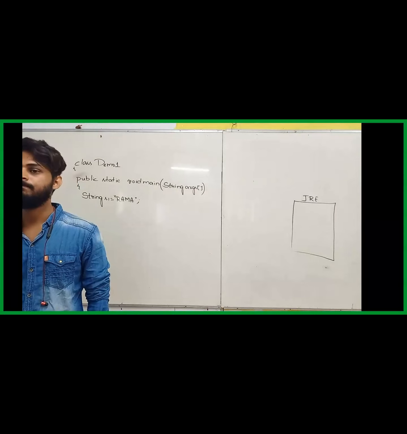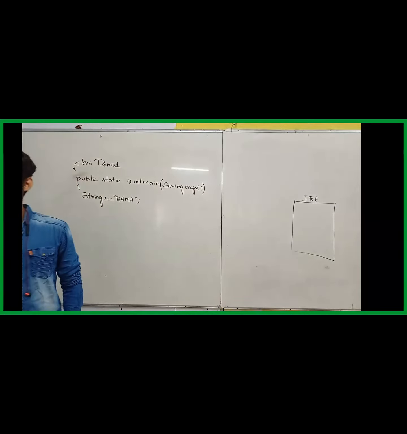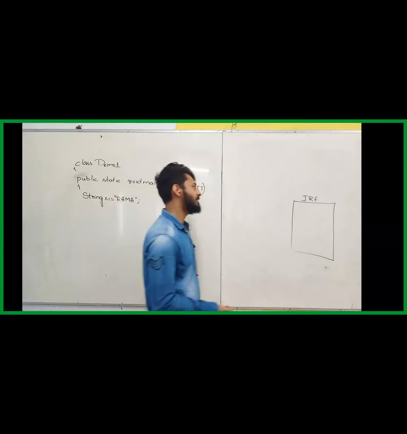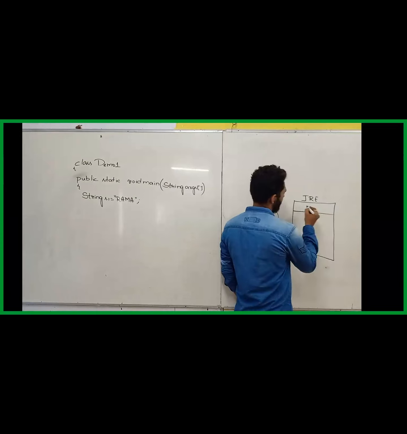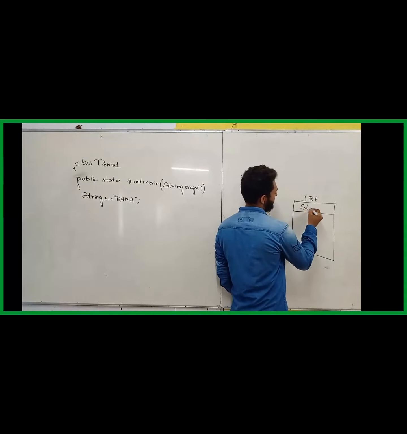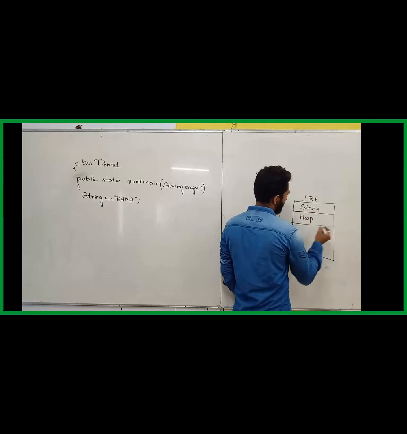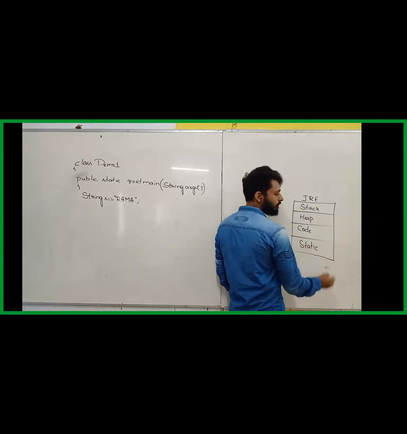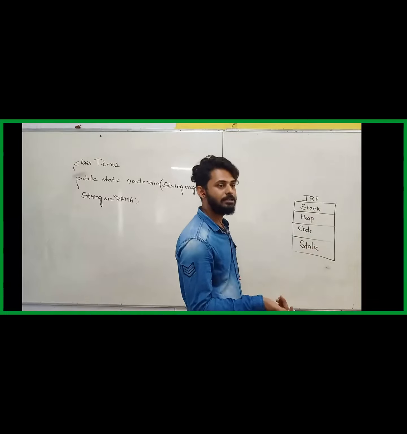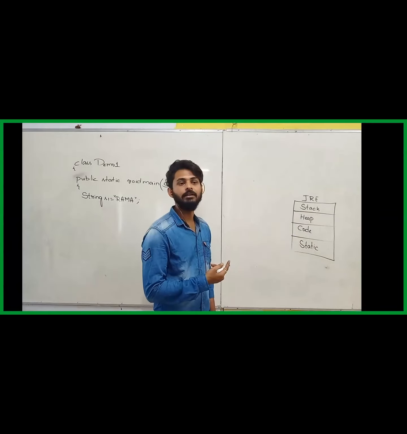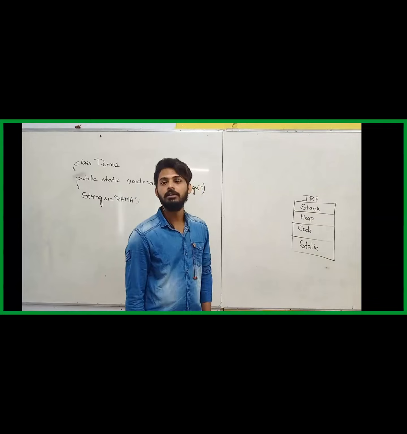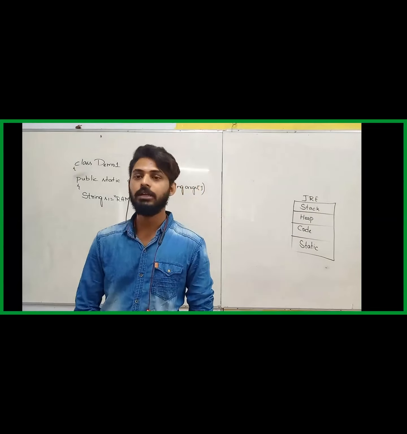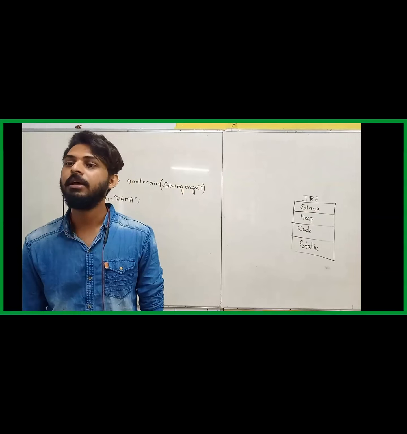Definitely, there will be various segments or divisions. Which are those divisions? Any idea? Stack, heap, code or memory segment also you can call it, and the last segment is nothing but static. These are the different segments that you will have in your JRE or memory. As of now, if you don't understand JRE, just try to understand it as memory.